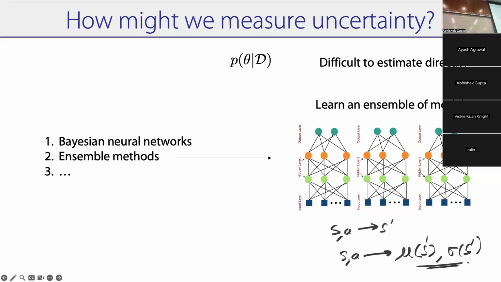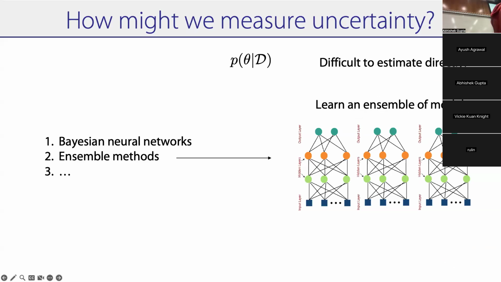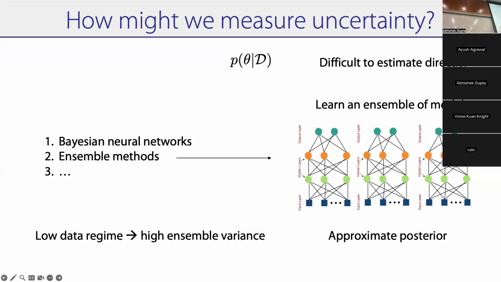But that is more like aleatoric uncertainty, and the variance between these is epistemic uncertainty. So an easy way of thinking about it is ensembles differ where there's little to no data, and they're consistent where there's lots of data. And so we're going to try and use ensembles as our approximate posterior and use that to help with this compounding error problem in model-based stuff.